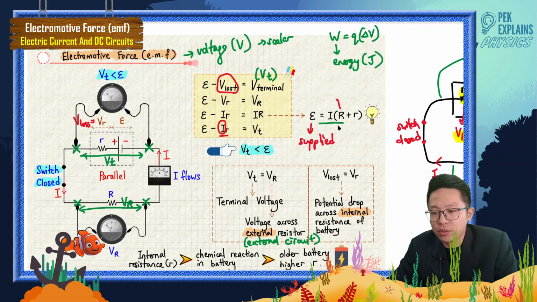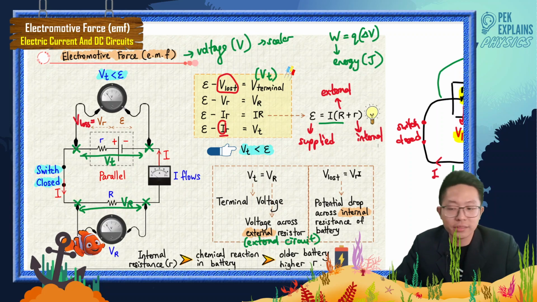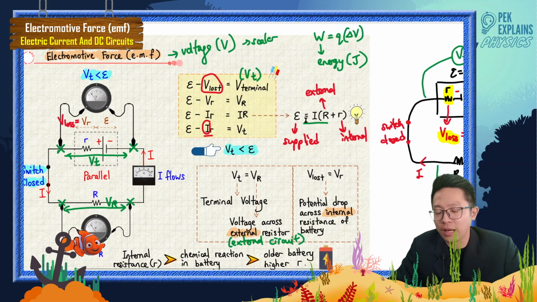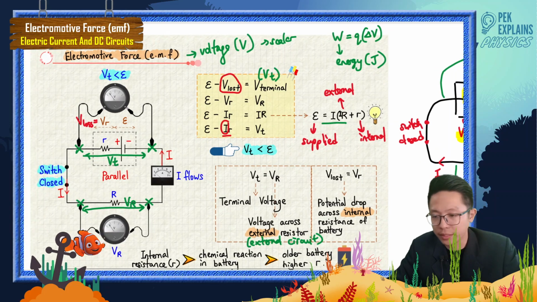The energy is used up in the external resistor and also in the internal resistor. So actually this formula comes from here.